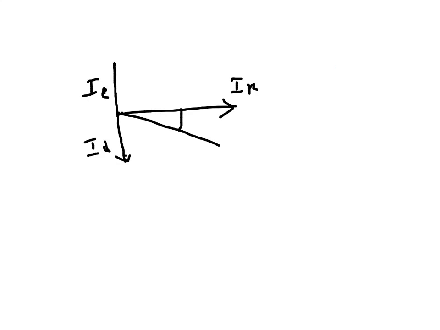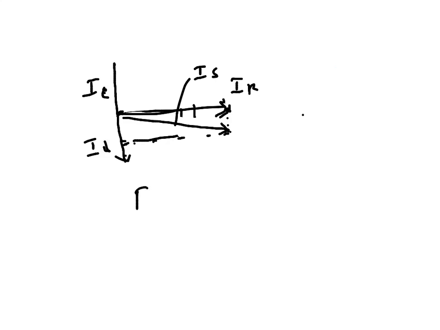So if the resultant is somewhere there, if IR is up to there, and this is up to there, then of course this will be the resultant IS. I'm just drawing arbitrarily. Similarly for power factor, when we used to talk about real power, we had real power, volt ampere, and volt ampere reactive.